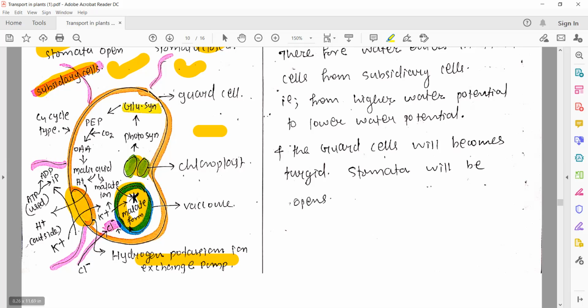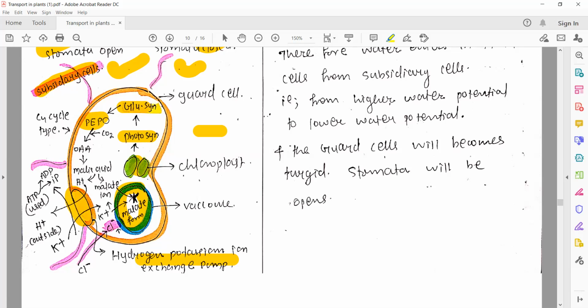Now in the vacuole, what is going to happen, that we have to know. But before this, suppose there is a chloroplast. In the light reaction, photosynthesis takes place. The photosynthesis product is glucose. Glucose will soon get converted into PEP. You already studied the respiration part, right? In that you know the C4 plant cycle.